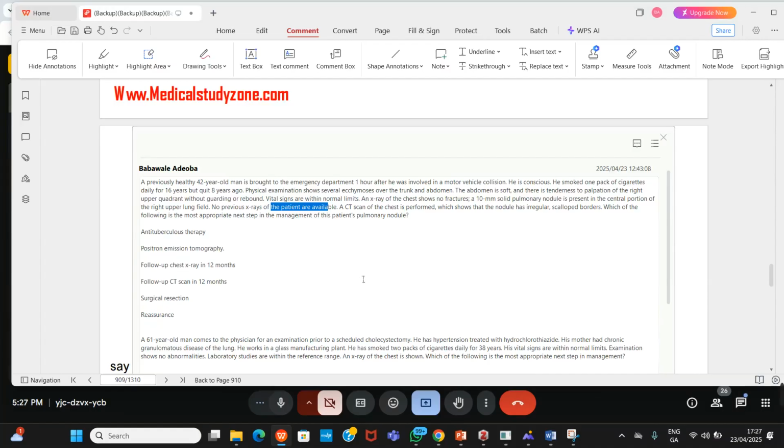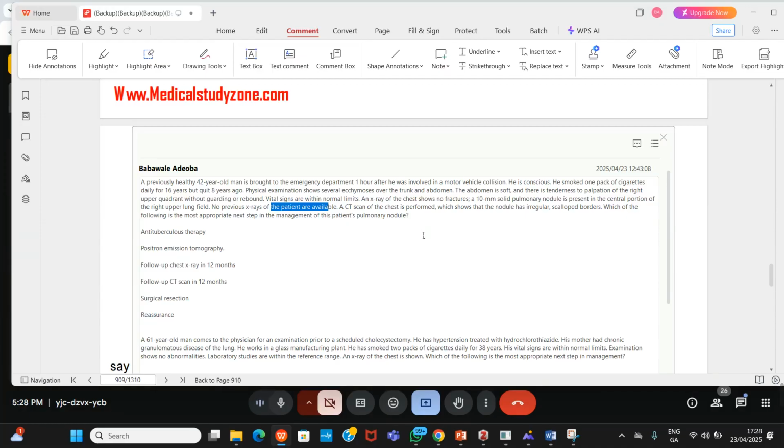A previously healthy 42-year-old man is brought to the emergency department 1 hour after he was involved in a motor vehicle collision. He's conscious. He smoked 1 pack of cigarettes daily for 16 years, but quit 8 years ago. Physical examination shows several ecchymoses around the trunk and abdomen. The abdomen is soft, but there's tenderness to palpation of the right upper quadrant without guarding or rebound.